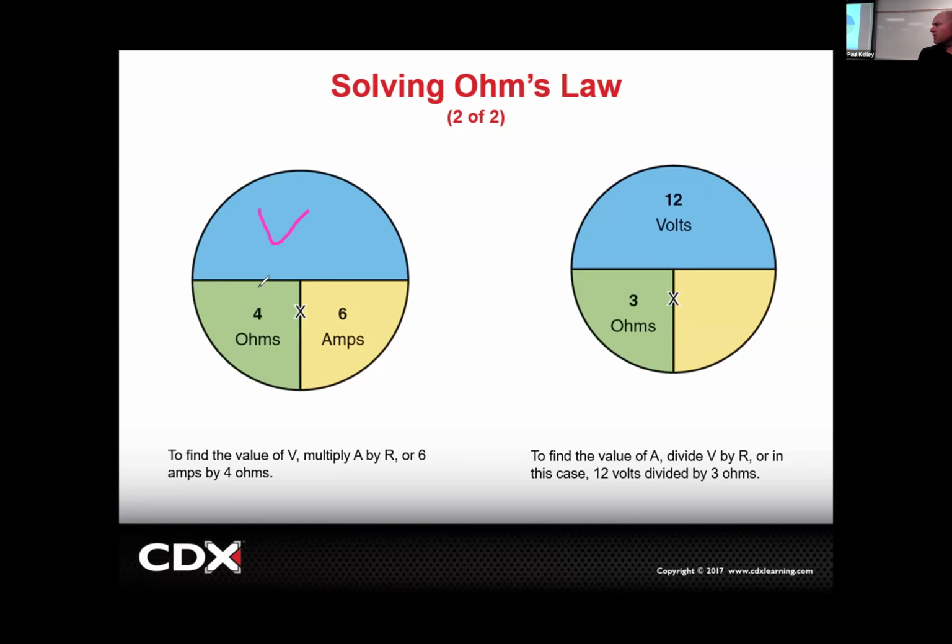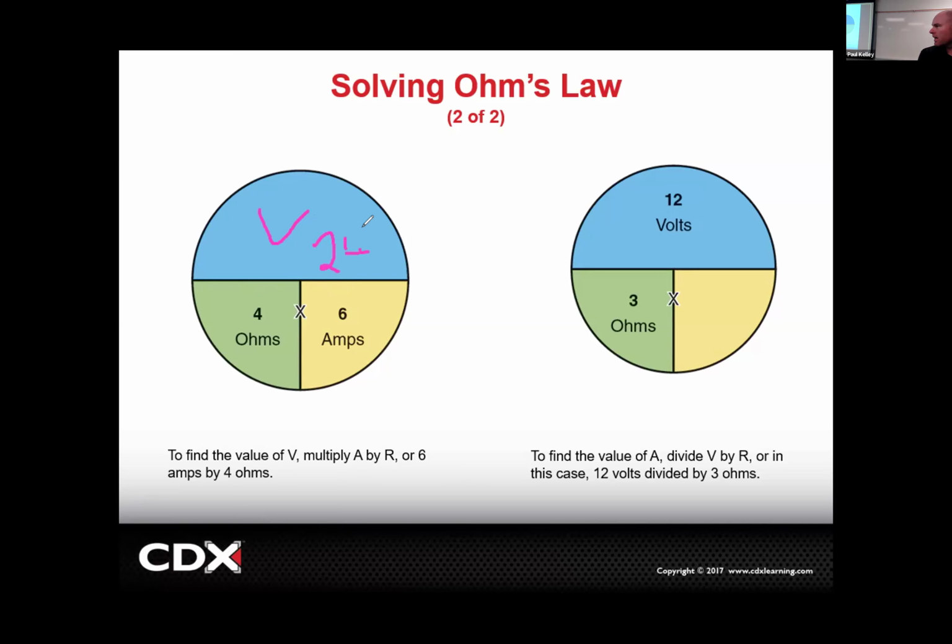How can we figure it out? It's 4 times 6, right? That's just the way it's laid out. It's okay if you had to use a calculator, that's fine. But 6 times 4 comes up to 24. So according to Ohm's law, the V would have to be 24, right?